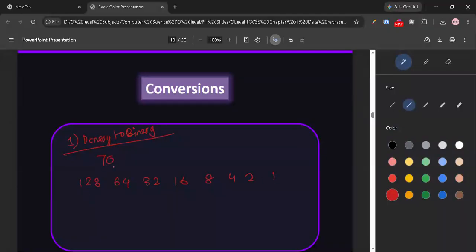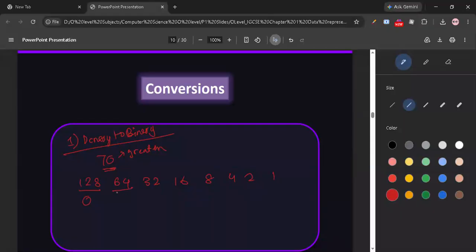Over here, you have to check if the number is greater. If the number is greater, then you must subtract. If the number is not greater, you must not subtract. So 128 is greater than 70, so you cannot subtract it, and we put 0 over here.